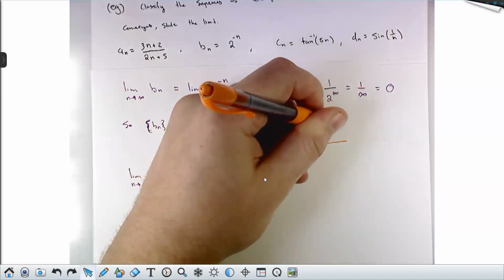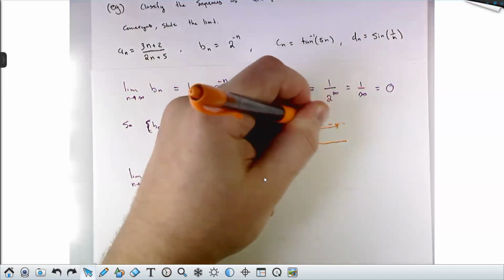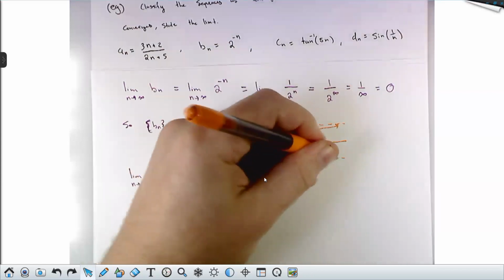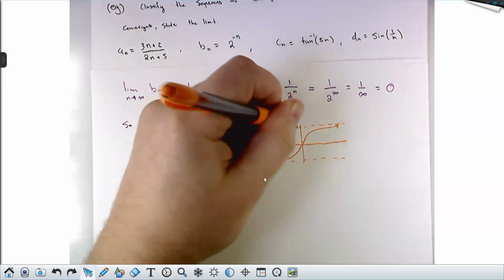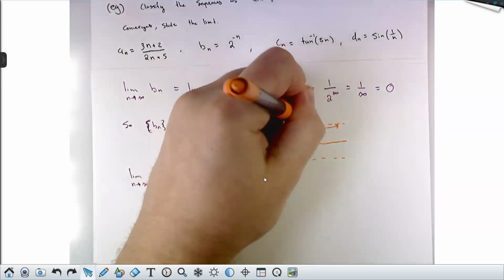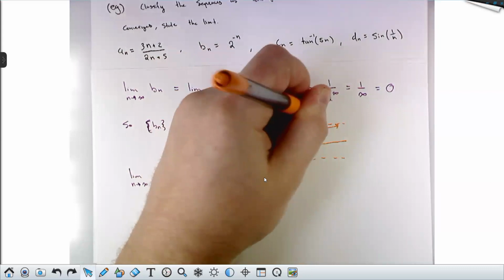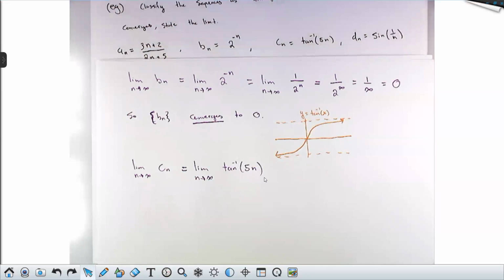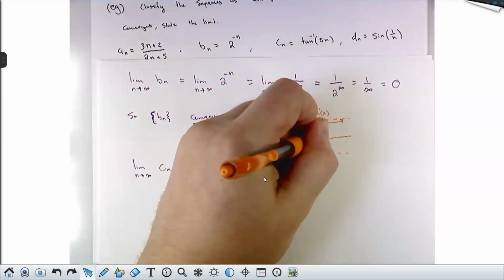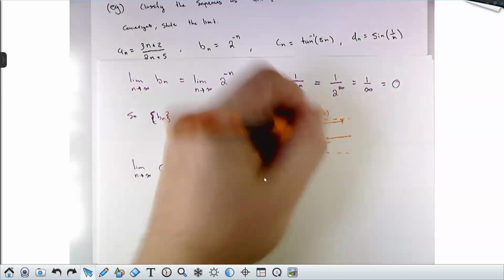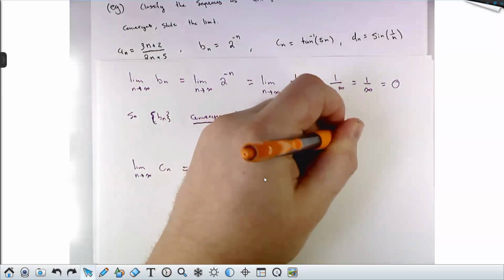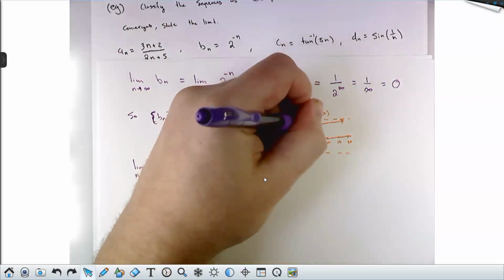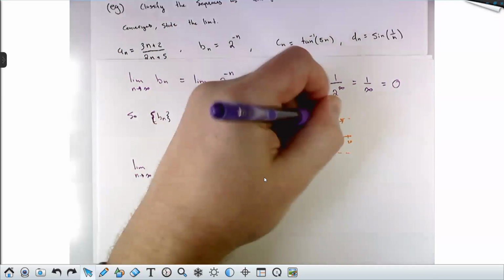So here's the graph of arctan. It's pi over 2 and negative pi over 2. So this is the graph y equals arctan of x. And my sequence here, 0, 5, 10, 15, 20, is dots along this graph.